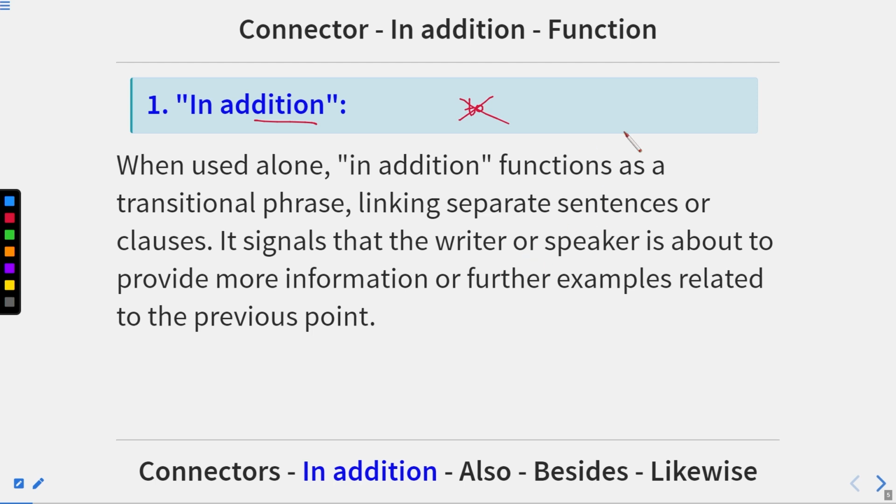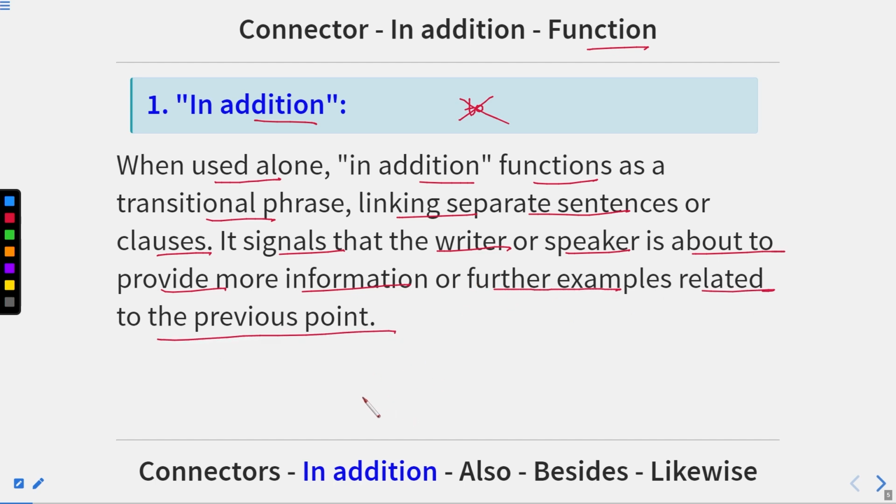When used alone, alone means when we do not have to after in addition, in addition functions as a transitional phrase, linking separate sentences or clauses. It signals that the writer or speaker is about to provide more information or further examples related to the previous statement or previous point.